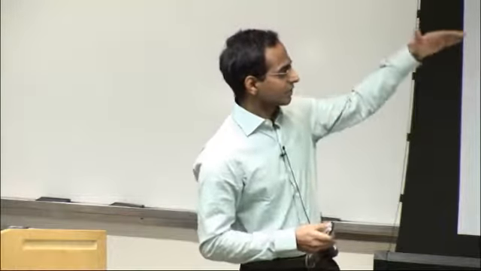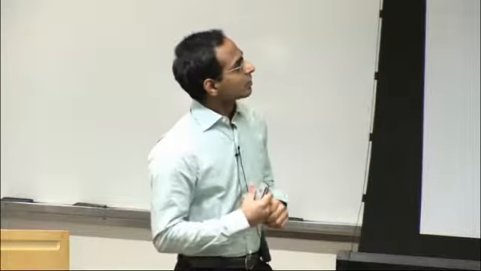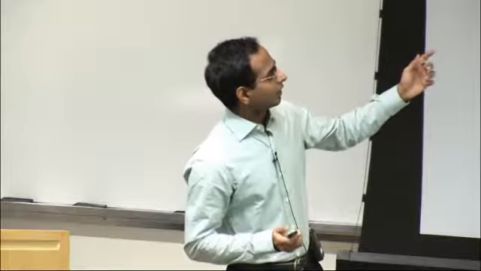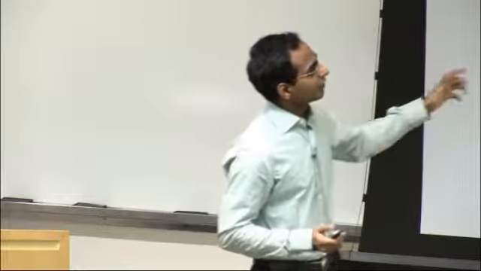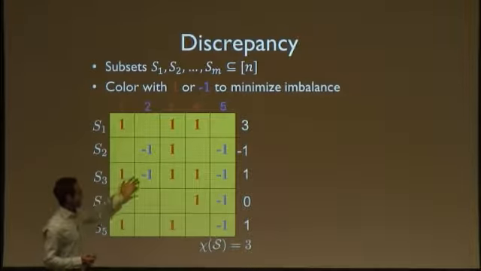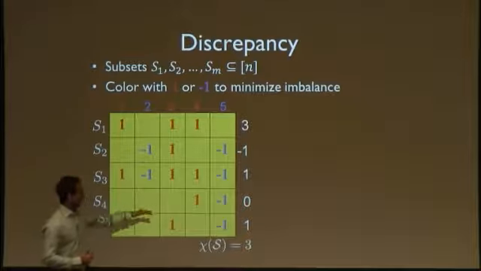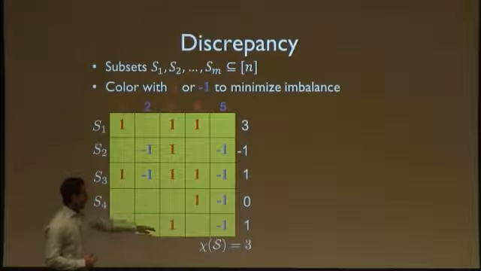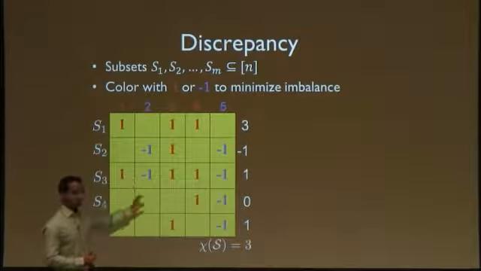So a collection of sets like this, and the goal in discrepancy minimization is to color the elements red or blue so as to minimize the maximum imbalance. So for example, let's say we consider this coloring here. Then the first row has an imbalance of 3. The second row, or the second set, has an imbalance of -1, and so on. So the maximum imbalance or the discrepancy of the coloring is 3.